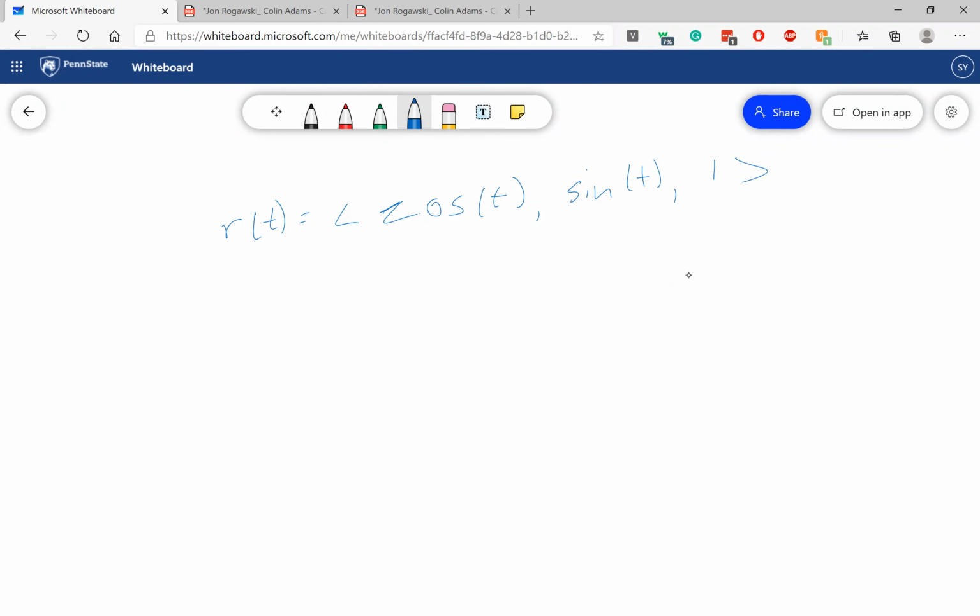Whatever this curve is doing in the z direction, it doesn't really change with t. It's always going to be 1 in the z direction. Here's my x, and here's my y. It's always going to be somewhere here.